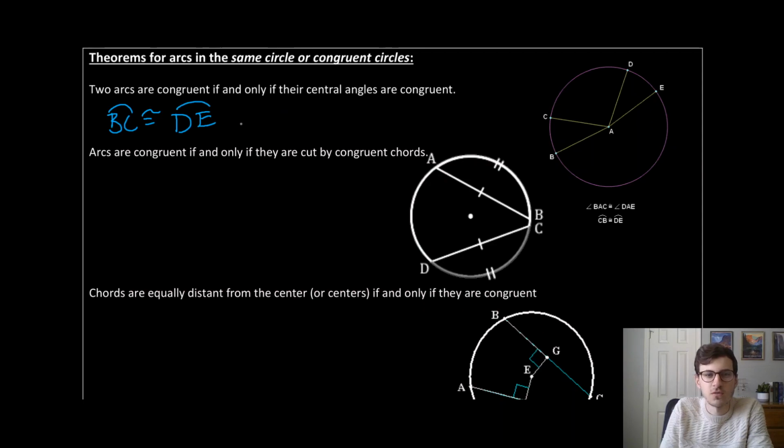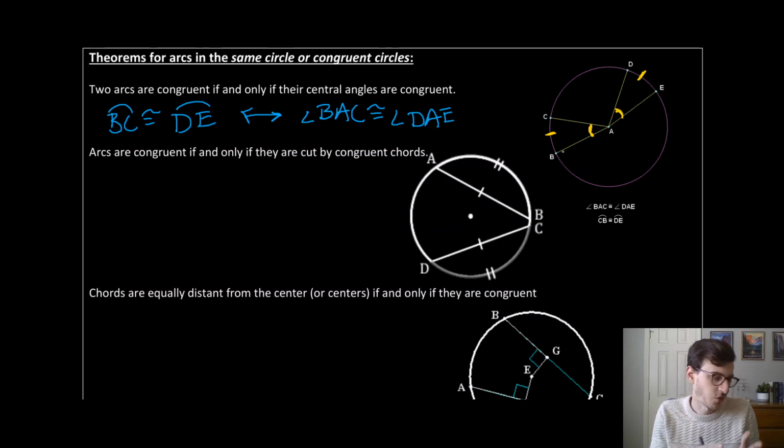If and only if their central angles are congruent. So that would be angle BAC and angle DAE, right? Those being congruent to each other. So here, if this is congruent to this, then that means that is congruent to that. Which makes sense, if arcs and central angles have the same measure, then if two angles are the same, then the two arcs would be the same.